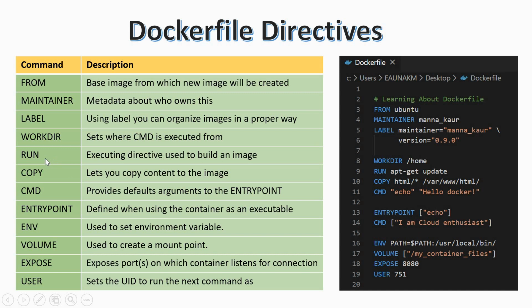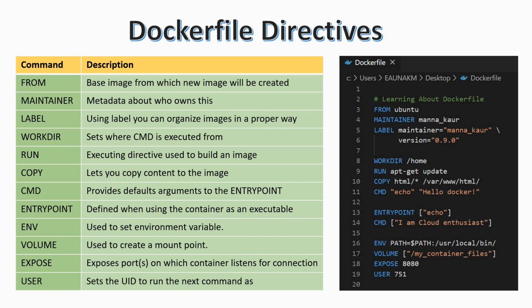And then we have the RUN directive, which is used to build an image. All of these commands, like RUN apt-get update, would be running while we build our image. So these will result as a part of an image and will execute during the build time. So what is the build time?